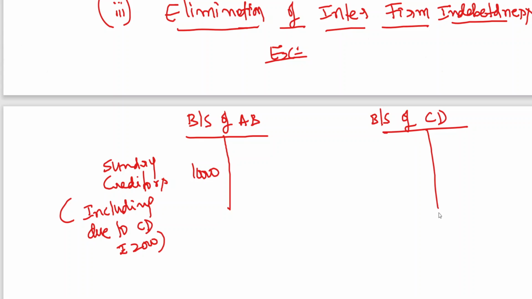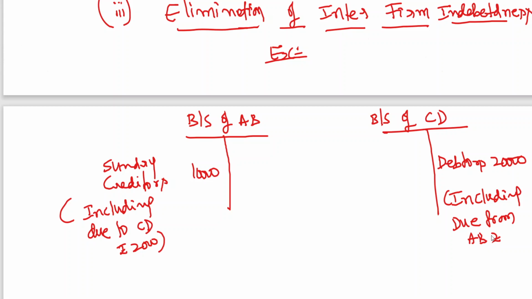Now balance sheet of CD: debtors, say 20,000, including due from AB rupees 2,000. Right, understand.